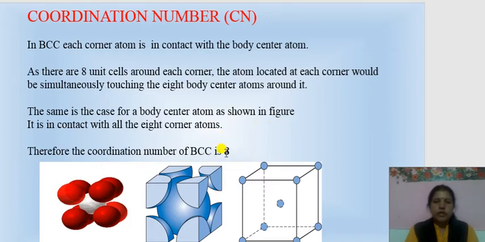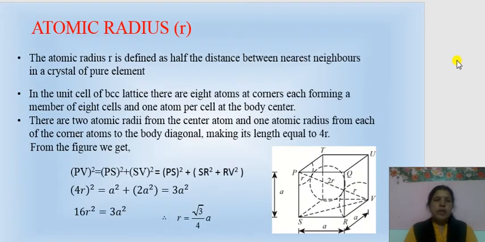Third parameter, atomic radius. The atomic radius r is defined as half the distance between nearest neighbors in a crystal of pure element. In the unit cell of BCC lattice, there are 8 atoms at the 8 corners, each forming a member of 8 cells, and 1 atom per cell at the body center.